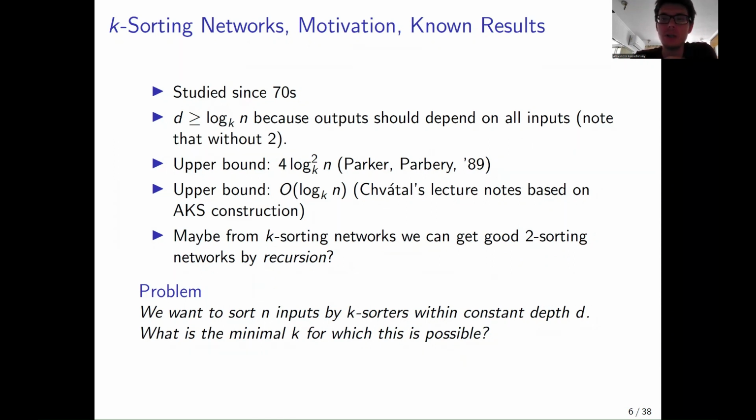And notice that when k is 2, we actually had a very simple argument showing something slightly better. We had 2 binary logs of n. And obtaining not 1 but 2 is not that obvious, and we will return to that. But what else do we know? Now log n base k is a natural benchmark for d. And the situation kind of repeats the situation with k equals 2.